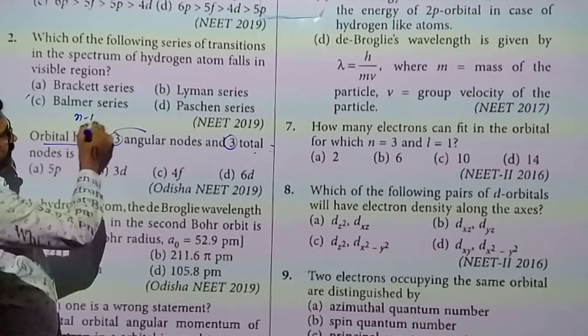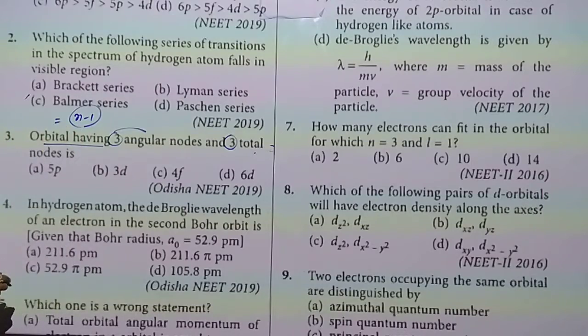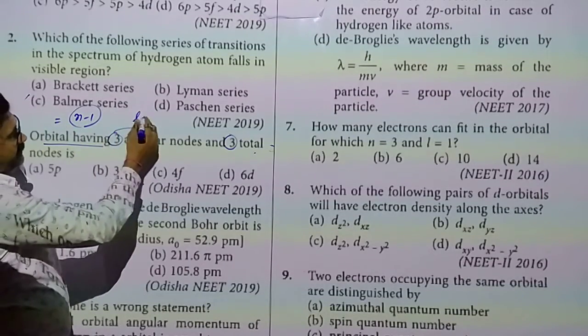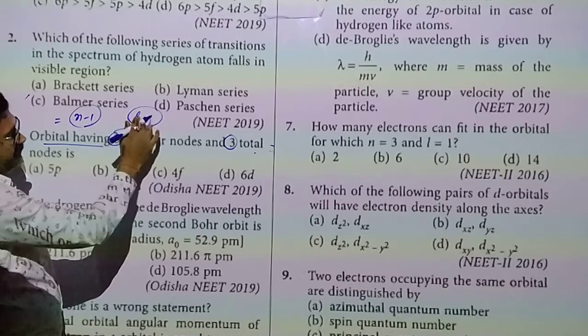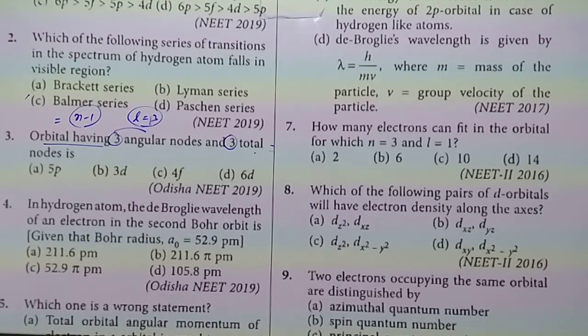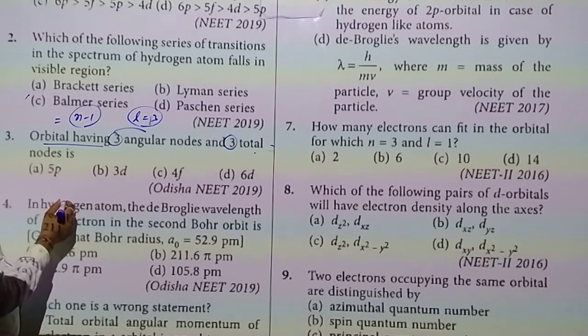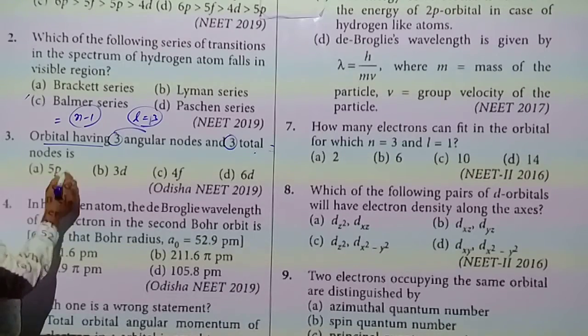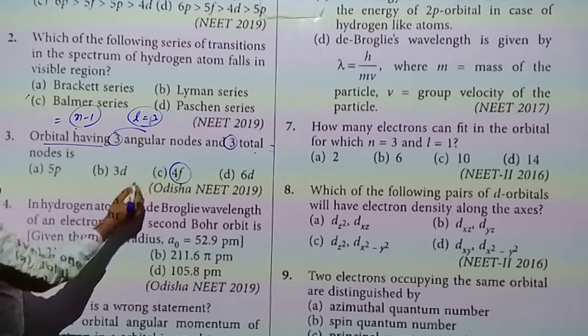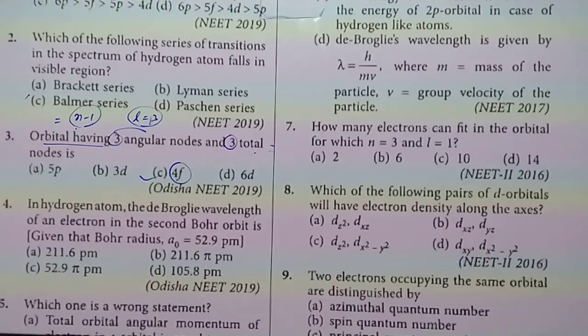Total nodes we can define by n minus 1. Angular nodes we can define by l. l equal to 0 means 0 angular nodes. l equal to 3 means it should be f. And the total nodes are n minus 1, so 4 minus 1. So the answer is C.